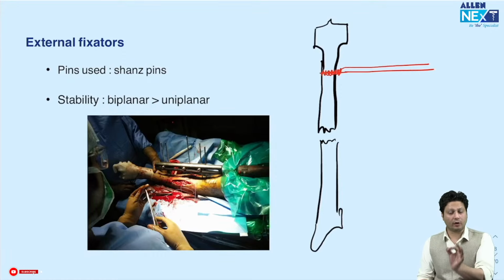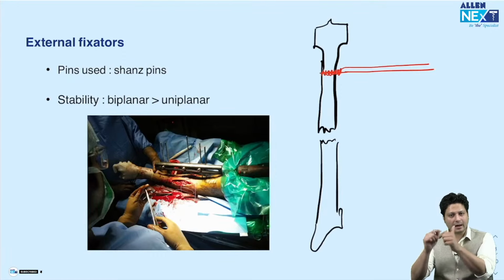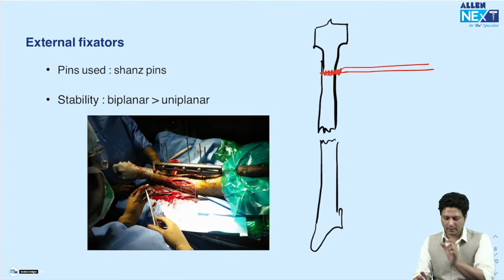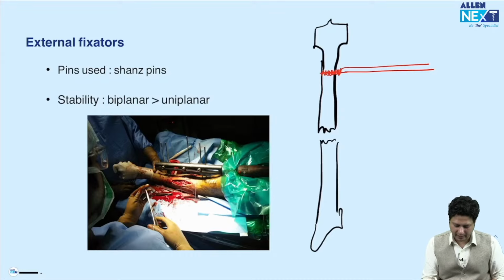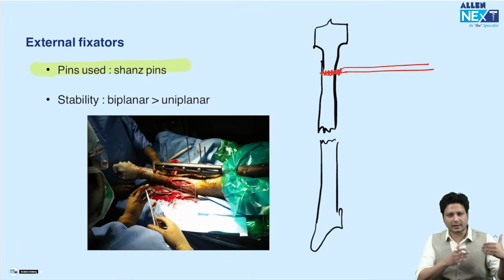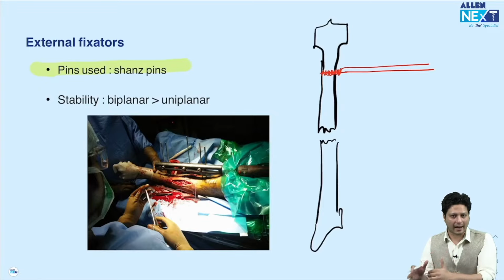This pin is different from a Denham pin, because there are serrations for cortical purchase provided at the end of the pin, and the name of this pin is Schanz pin. So the pins which are used for the external fixation device are Schanz pins, while the pins we were using for skeletal traction application were Steinmann and Denham's, and this is how they are differentiated.